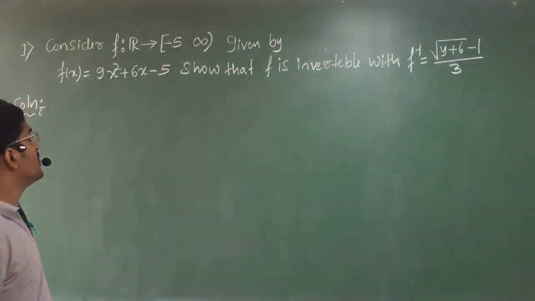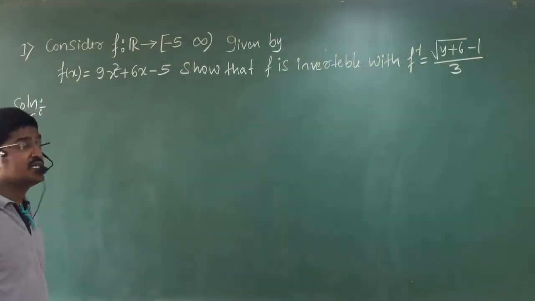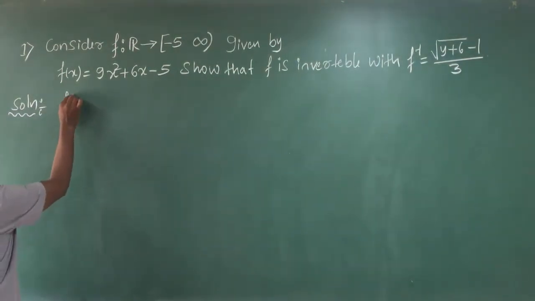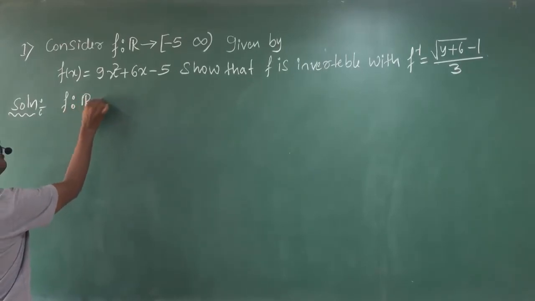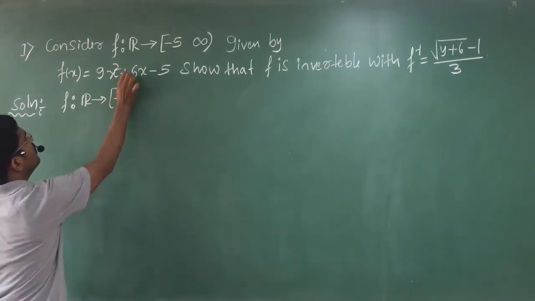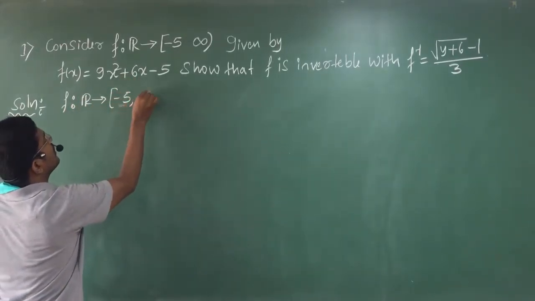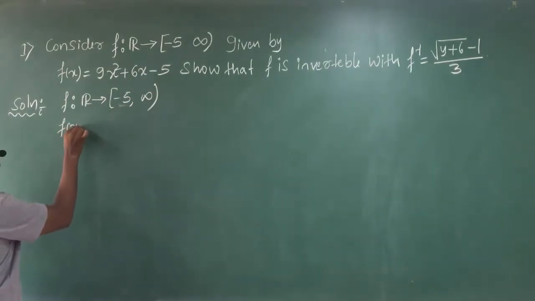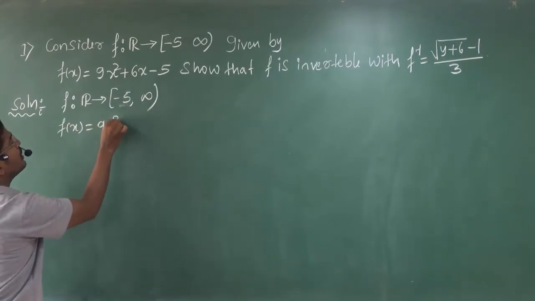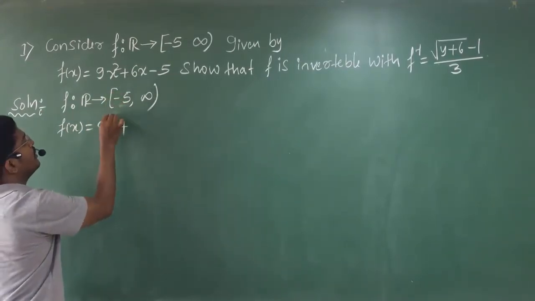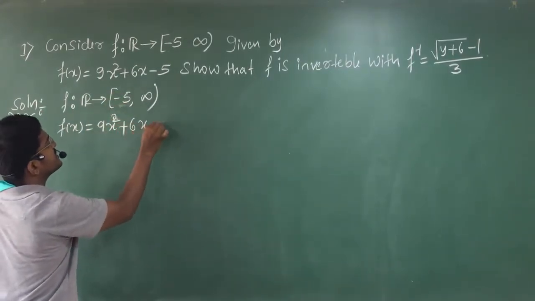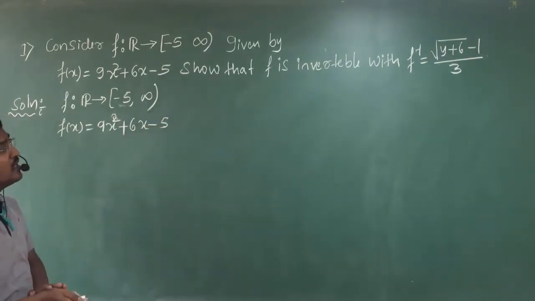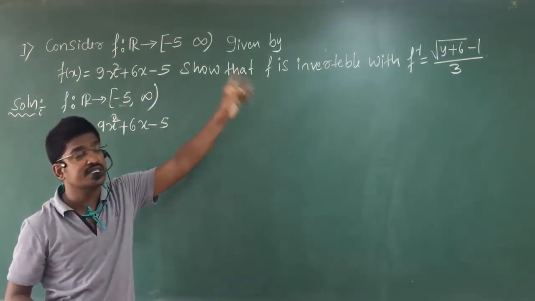Okay. So for that reason, first let us write f is a function from R to [-5, infinity), defined by f of x equal to 9x square plus 6x minus 5. Clear?